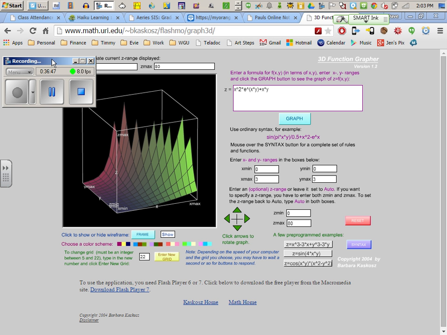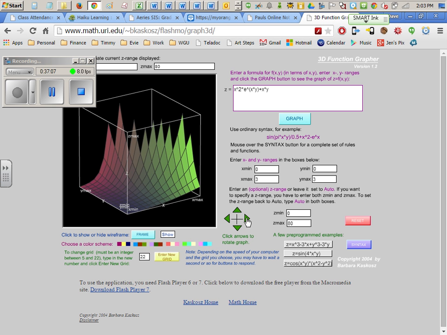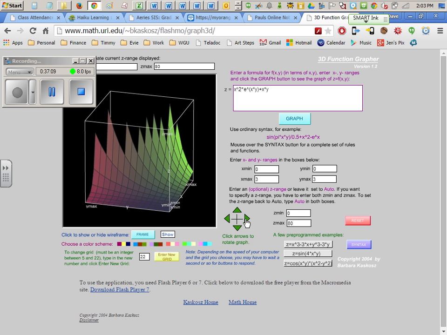This is the web link at the top, and I just typed in my function. It took me a couple of tries to get the window right. I had to play around with the x min and x max, and sometimes you don't see anything because the plotter is doing a lot of work to get these beautiful graphs, and you have to give it a perfect window to see anything. But that's pretty standard. You can rotate it around.